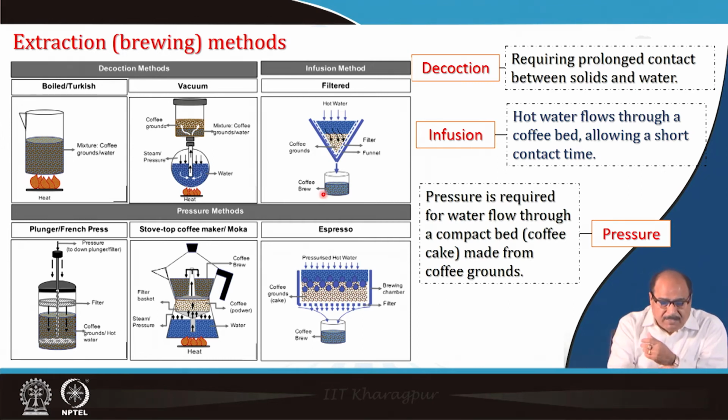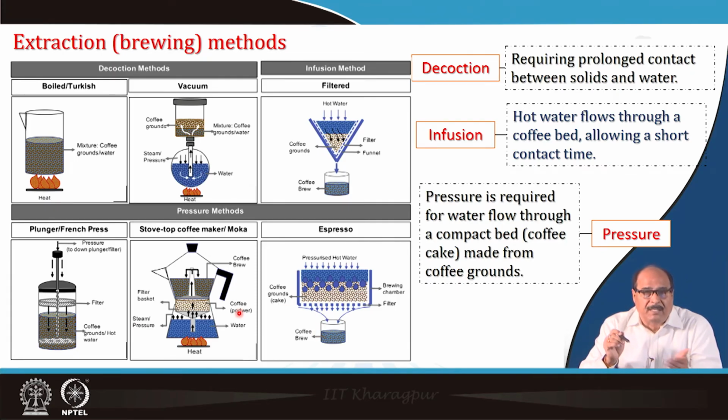The pressure method like plunger, French press or stovetop coffee maker or mocha or espresso coffee machine. You can see here schematically the principle of operation of all these systems. Basically, here the pressure is used.